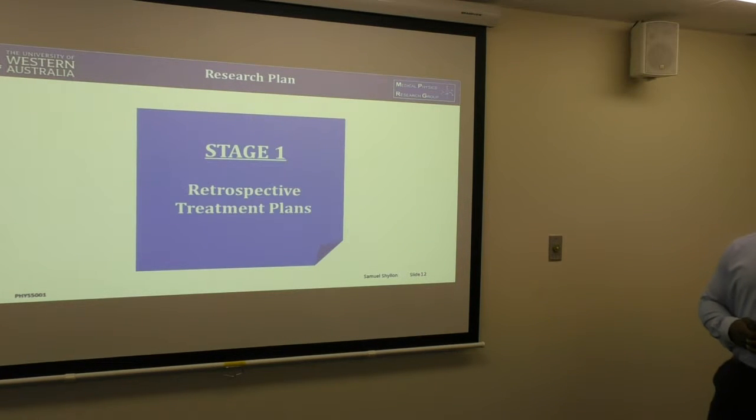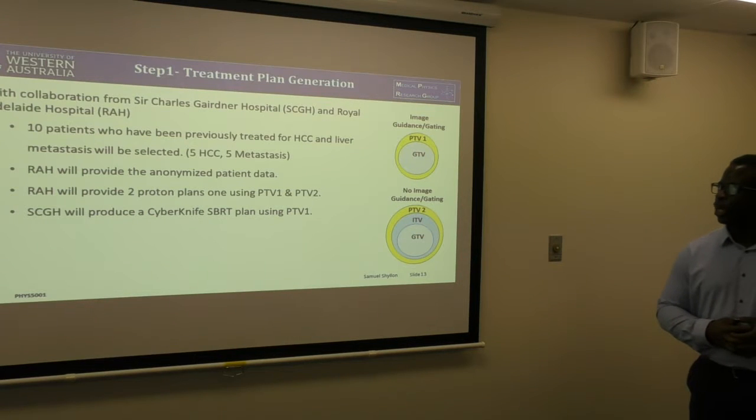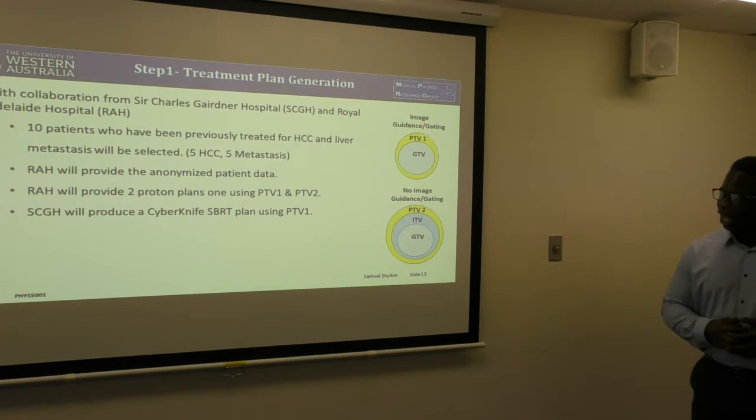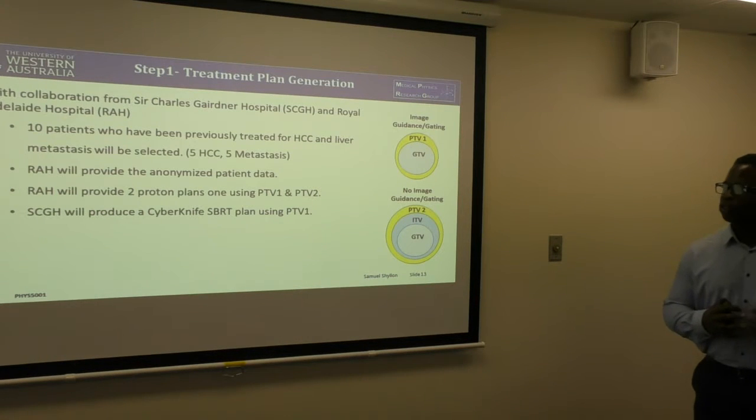So stage 1, the research plan. With collaboration from St Andrew's War Memorial Hospital and Royal Adelaide Hospital, 10 patients who have been previously treated for HCC and liver metastasis will be selected. Royal Adelaide Hospital will provide patient data as well as 2 proton plans.